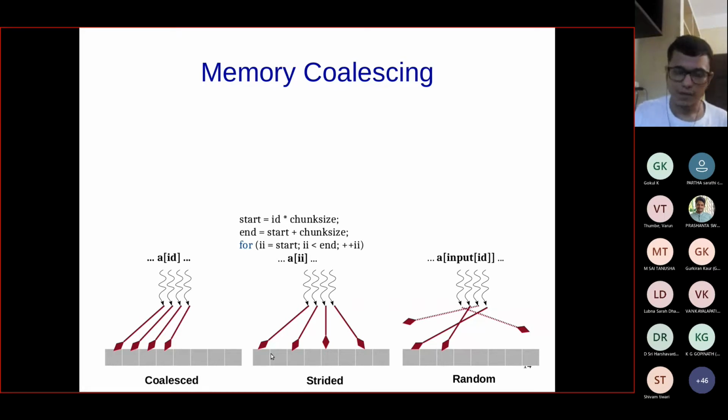To make it completely coalesced, we should take the first element which will be accessed by thread 0, the first element which will be accessed by thread 1, the first element which will be accessed by thread 2, and so on till the 31st thread. All the first accesses of each thread we should take, and then put them together at the start of the array.